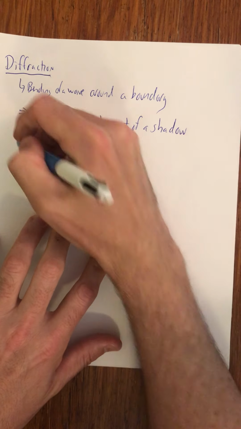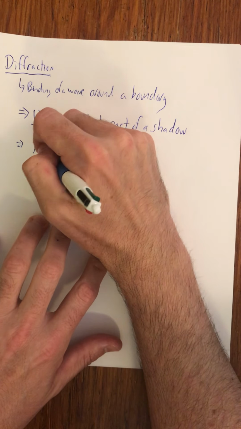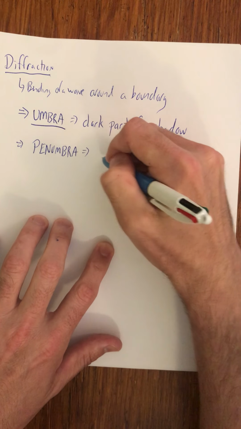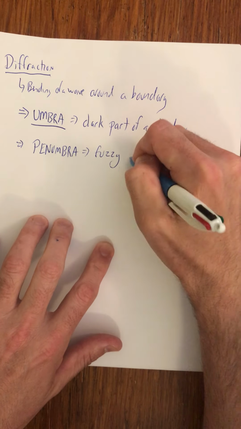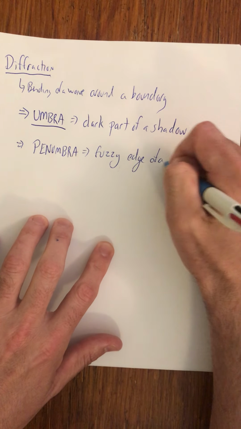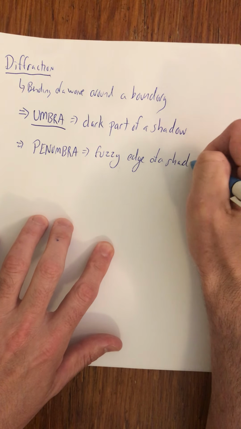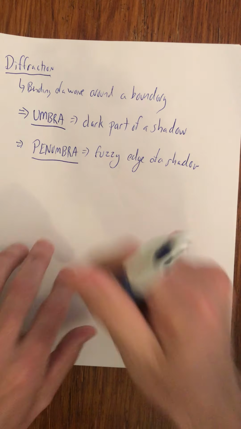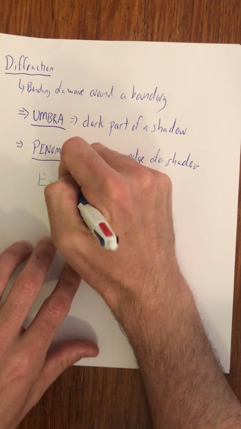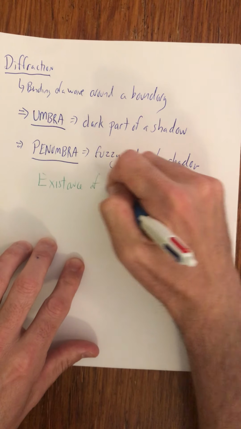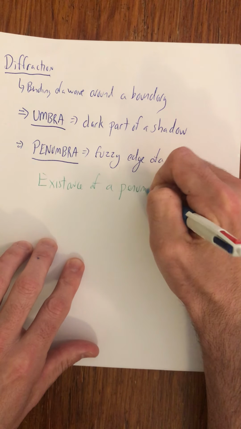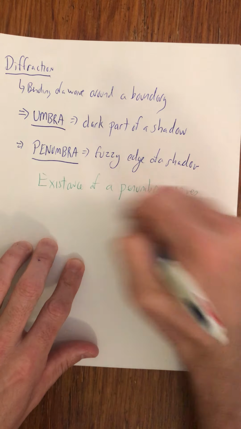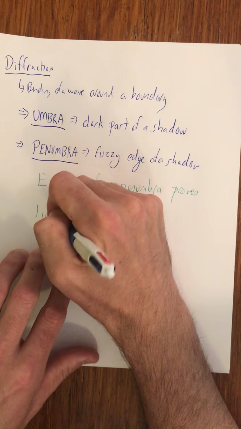And then there's something called the penumbra, and that is the fuzzy edge of a shadow, or the partial shadow as it's sometimes called. Okay? So very simply, the existence of a penumbra proves light diffracts.